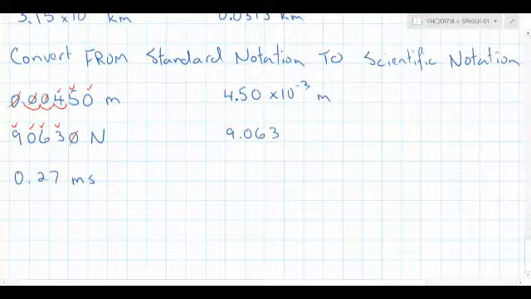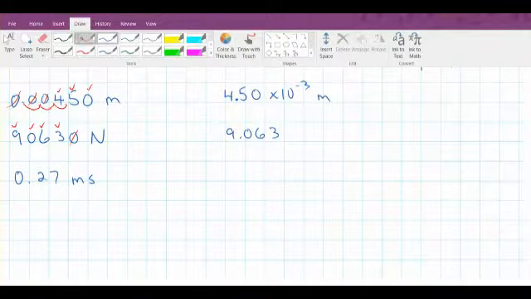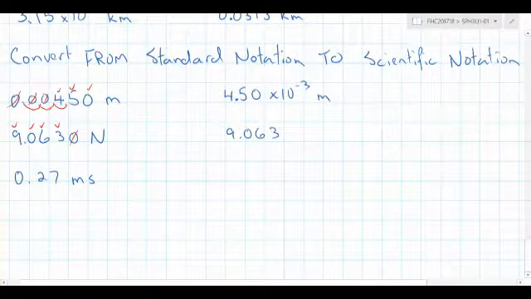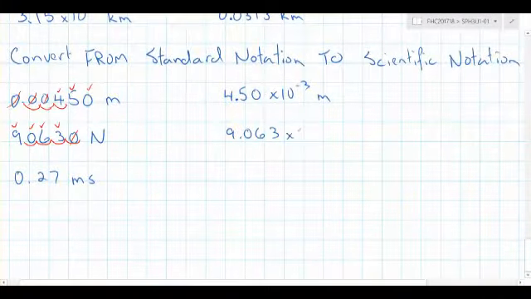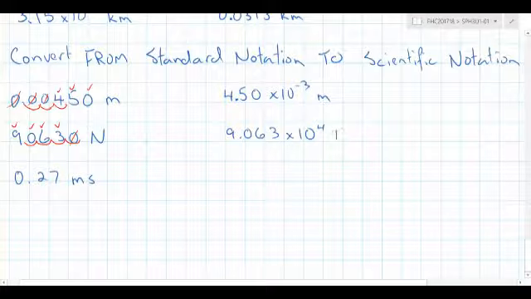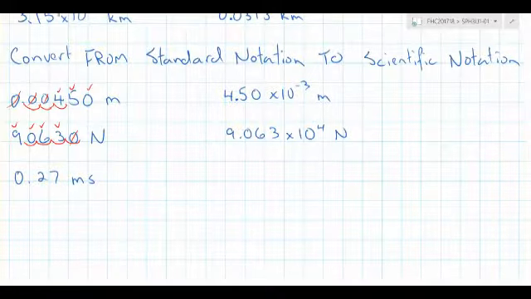Okay, and then I look to see, okay, to get to that standard notation, I had to move my decimal place 1, 2, 3, 4 places to the right, so that's going to be positive 4. So my order of magnitude is going to be 10 to the power of 4, and of course my unit is newtons.